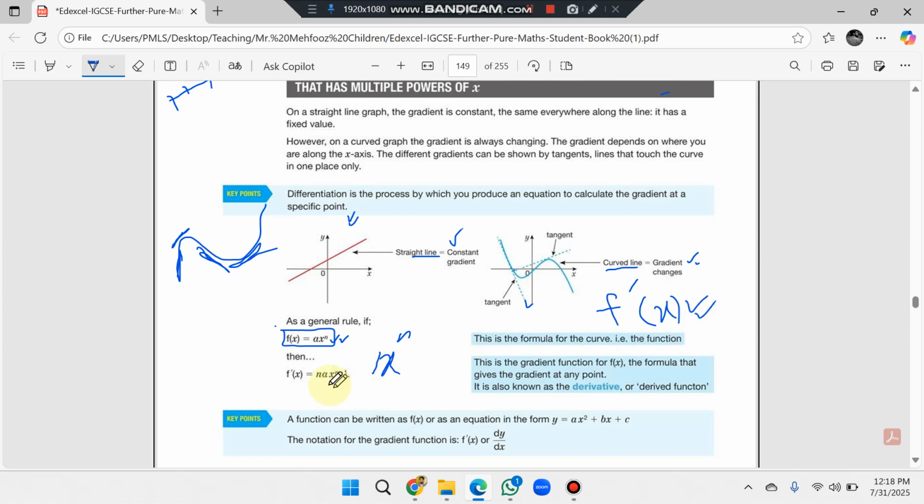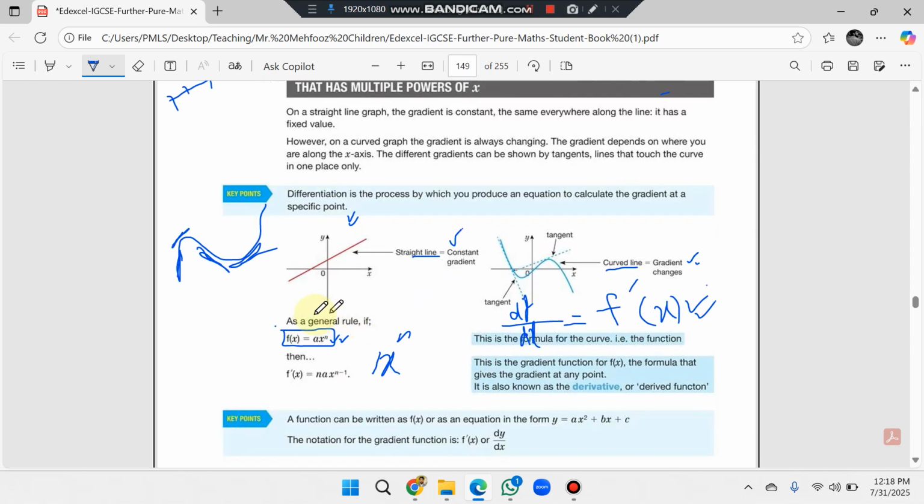Now derivative can also be represented by dy by dx. Any problem? So both notations are of the derivative. Do you understand? Yeah. Okay.